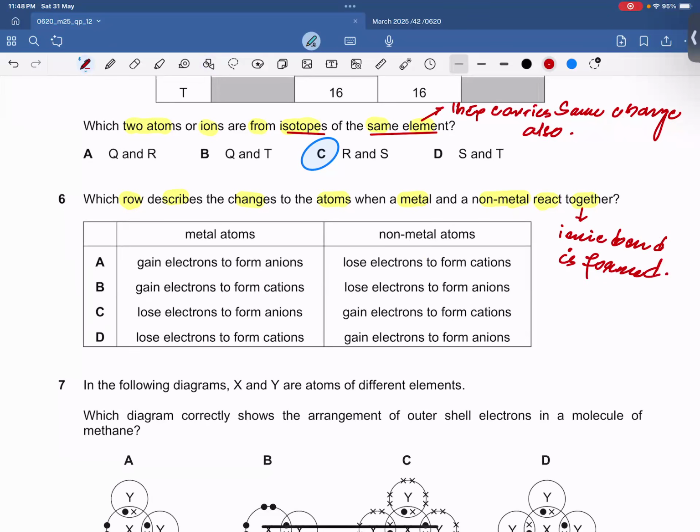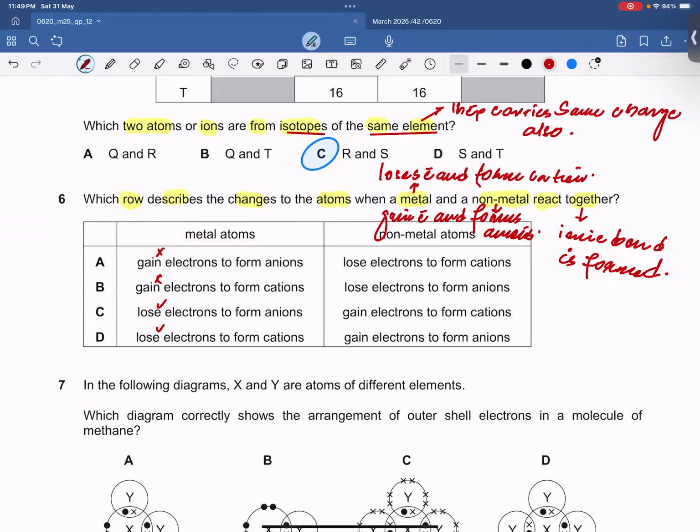And during the formation of an ionic bond, metal always loses electrons and forms cations, which are also called positively charged ions, whereas non-metals gain electrons and form anions.